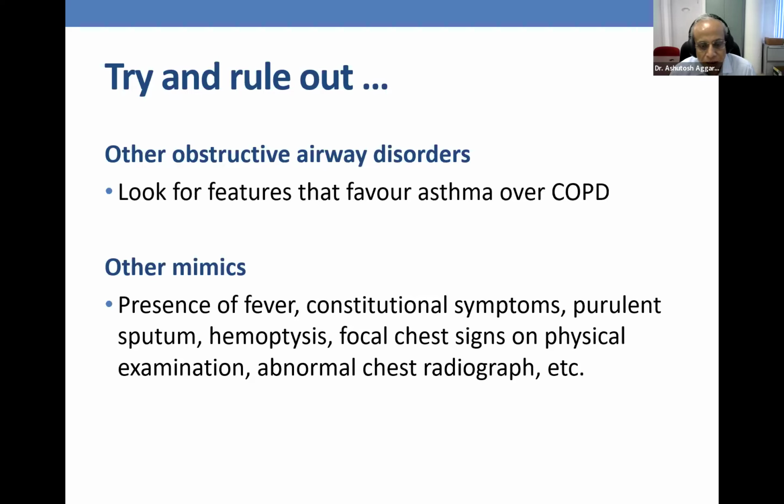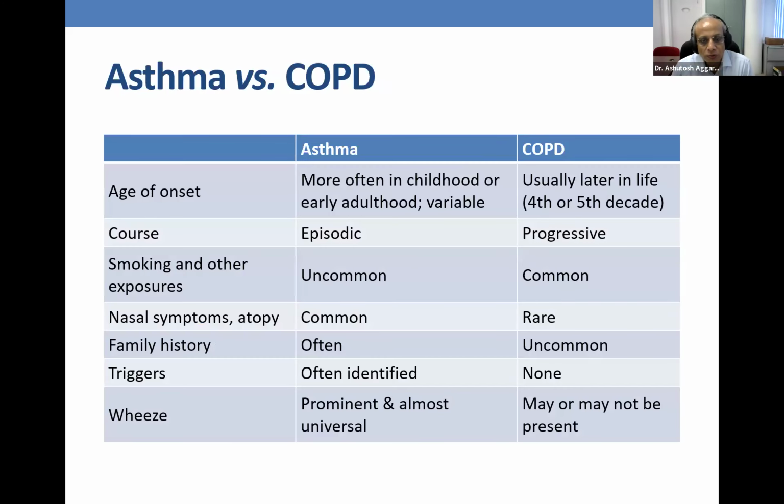If the patient has a chest X-ray, then that can also be evaluated. Normally, asthma patients should have a normal or a near normal chest radiograph. But if you again find some abnormalities, especially focal findings, then asthma is not a likely differential in this scenario. But the common thing that we need to distinguish asthma from is COPD, and the two are different disorders.